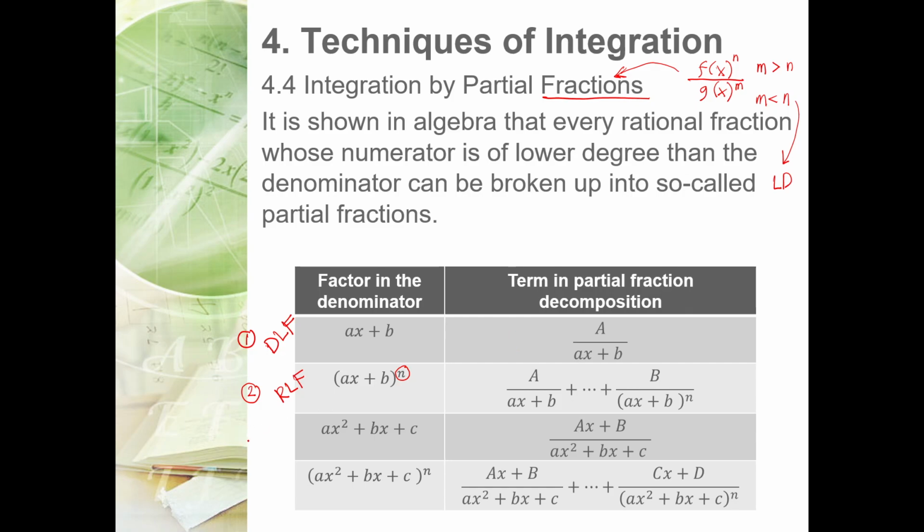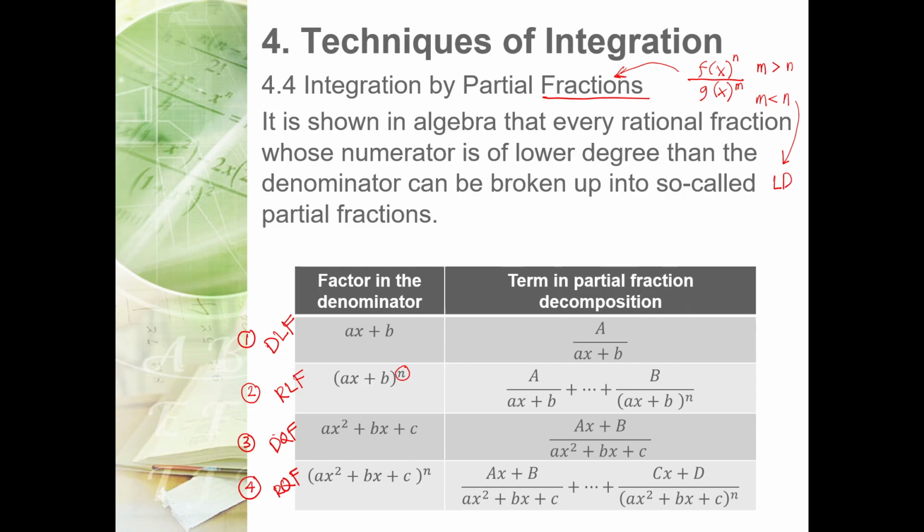Number three is a quadratic factor, the distinct quadratic factor. Then the fourth one would be a repeated quadratic factor. All right.